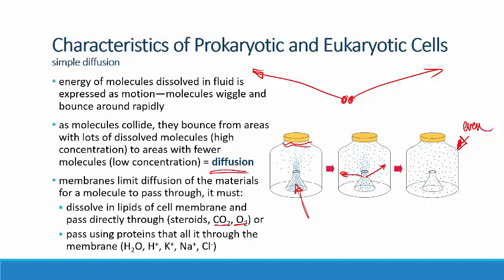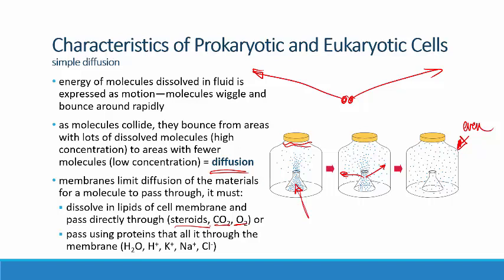Other lipid materials, like steroid hormones and cholesterol, can pass through a membrane fairly easily because they are lipids themselves, and so they dissolve in that oily inner layer of the membrane.